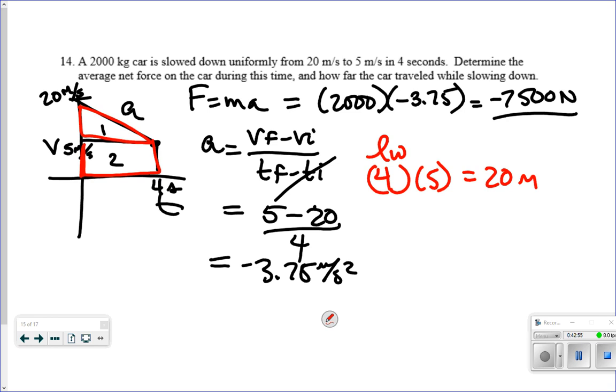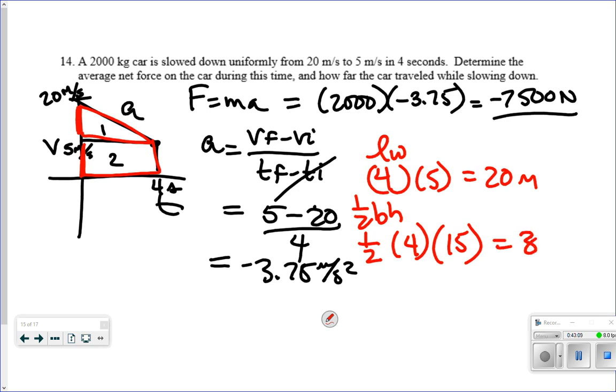My area of the triangle is going to be 1/2 base times height. The base is going to be 4 seconds. The height is going to be 15 meters per second, the change from there to there. That's going to give me 30 meters. And so my total displacement is going to be 50 meters.